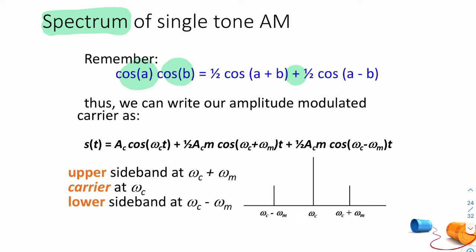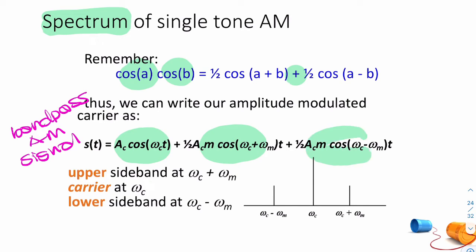So that gives us cosine of the sum, cosine of the difference, and this is simply the carrier multiplied by 1. So my bandpass AM signal looks like it has 3 components. 1, 2, 3.